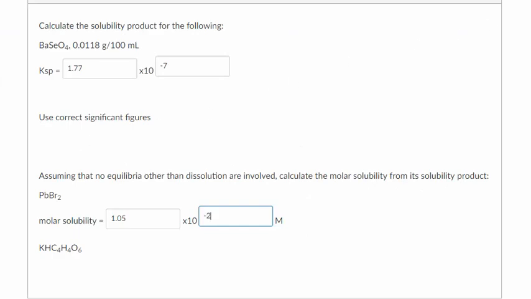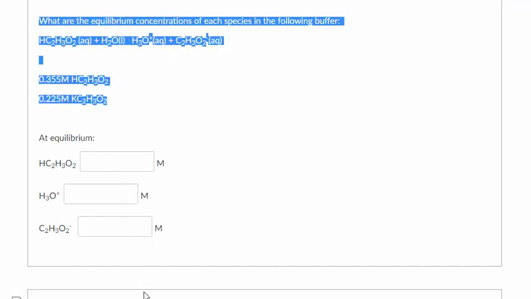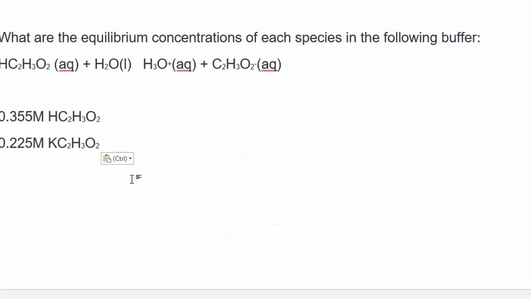Number 8. What are the equilibrium concentrations of each species in the following buffer? Well, here we're given this amount of stuff. So that's where we're starting. So I have my weak acid, I have water, that's reacting to form my hydronium ion and my conjugate base. So I start with 0.355 moles or molar of my weak acid, and then I also start with some conjugate base because that's what we do when we have a buffer.